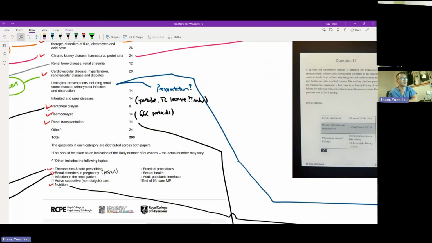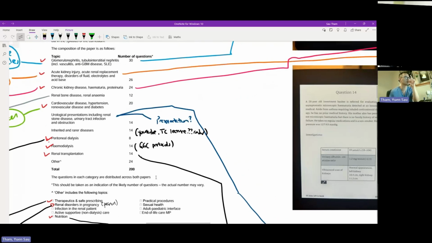So therapeutics, pregnancy, nutrition, end of life care, etc. The third point I want to make is that it's good to keep an eye on this so that you can structure the proportion of time you spend on a topic. Like if you're spending 80% of your time doing PD and 20% of your time doing GN, then you're not really doing it right, if that makes sense.